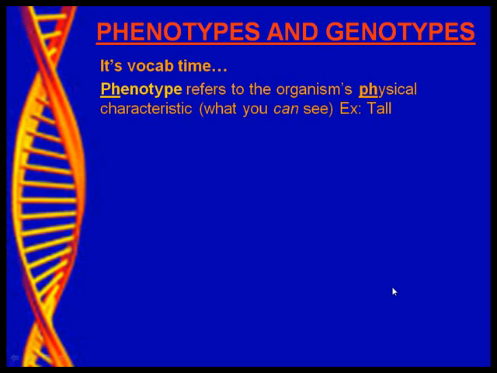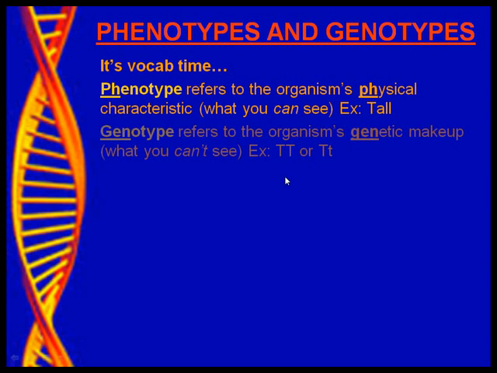So, some vocab words that we're going to wrap up with. Phenotype, and again, focus on the first two letters here. It's going to help. Phenotype refers to the organism's physical characteristics. Again, physical characteristics. You actually see a tall plant. Good example. You look at the person next to you in class, you see brown hair, you see brown eyes, you see their physical characteristics.